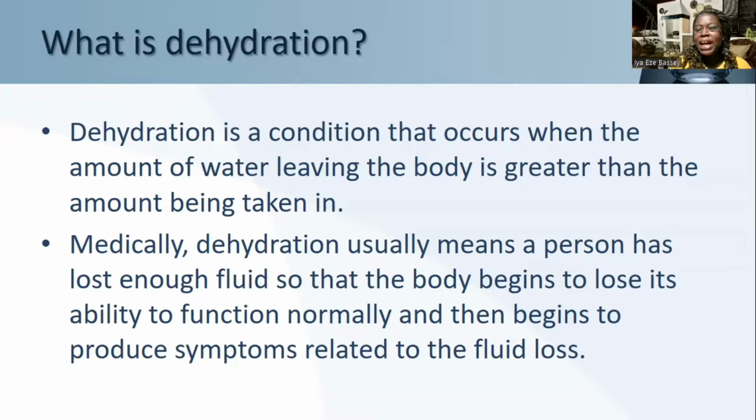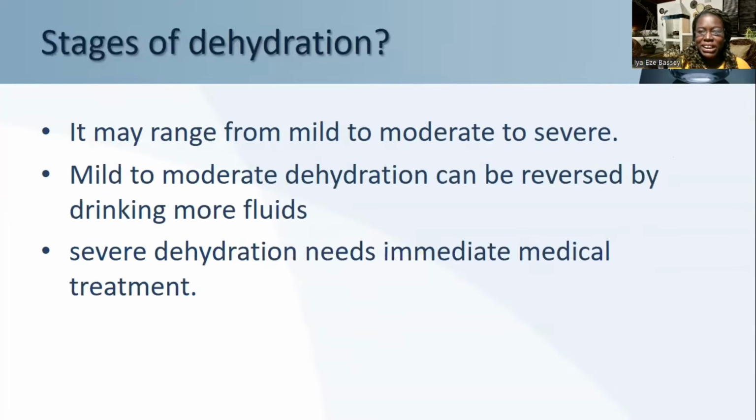If you want to speak about it clinically or medically, it states that dehydration is a condition when a person has lost enough fluid so that the body begins to lose its ability to function normally and then begins to produce symptoms related to fluid loss. All right? So we do understand that when the amount of water lost is greater than the amount of water gained, dehydration will set in.